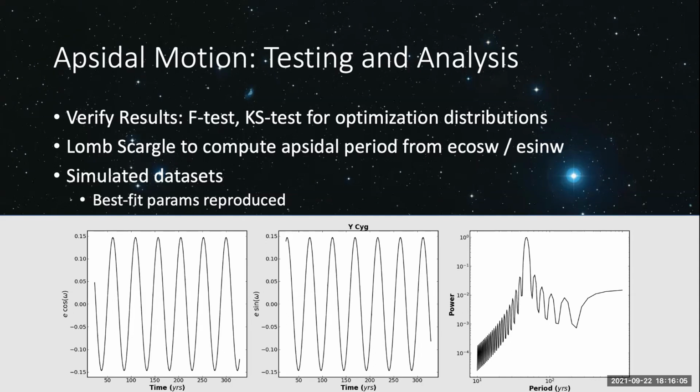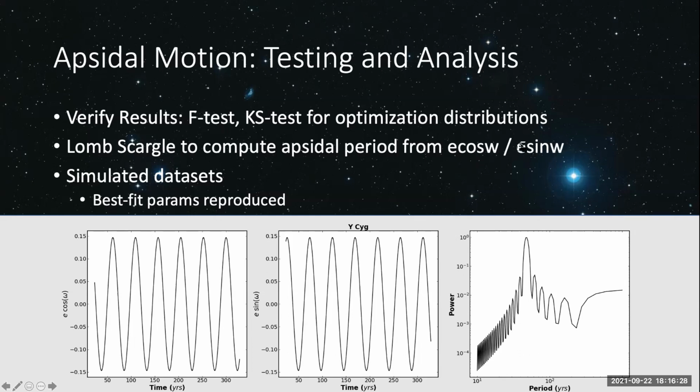And another method to compute the apsidal motion of the whole system is by doing what is called a Lomb-Scargle algorithm, which just says from a set of data points, it finds frequencies or periods. And so that's exactly what's going on down here. We've got this e cosine omega and e sine omega.